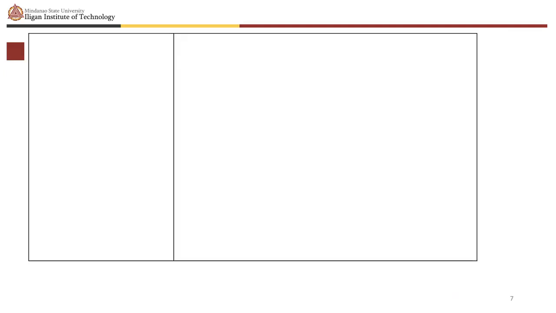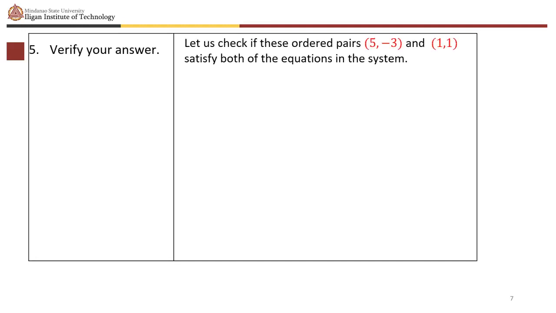Now the last step is to verify your answer. So let us check if these ordered pairs 5, negative 3, and 1, 1 satisfy both of the equations in the system. When x is equal to 5 and y equal to negative 3, you can substitute the value of x here and the value of y here.